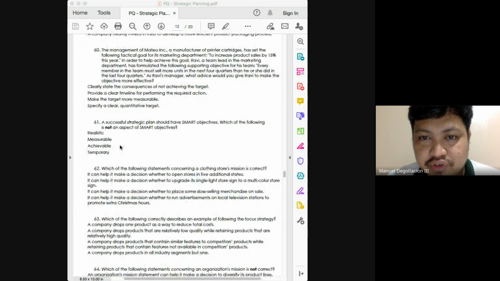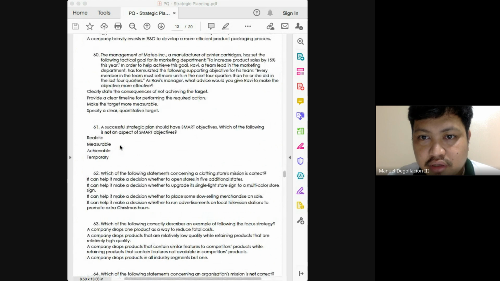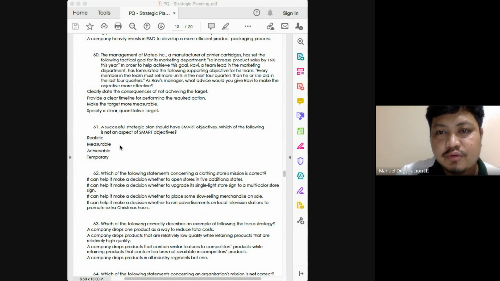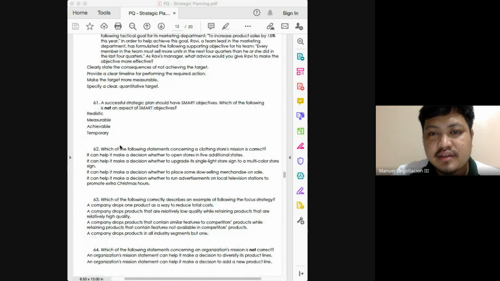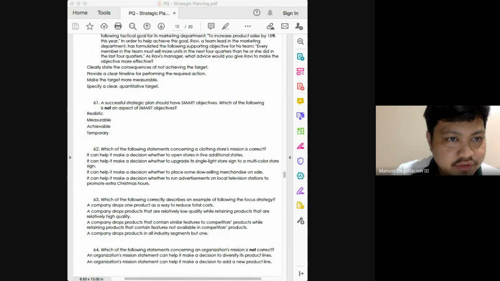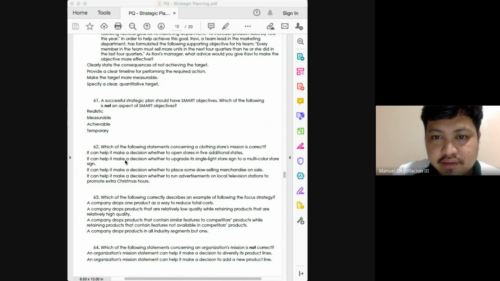Okay, the other choices are not correct because they do not necessarily refer to any of the aspects of a smart objective. 61 again, still testing you on your knowledge on the five aspects of smart objective. So out of the choices here, temporary is not one of the aspects of smart objective. So the answer here would be temporary.